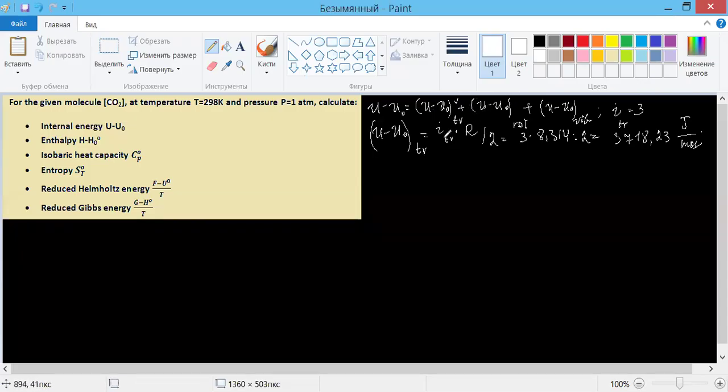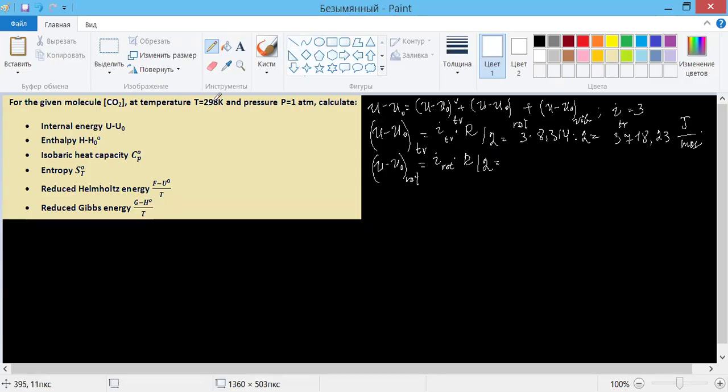Okay, now we are proceeding to the second component, which is related to rotation. So U minus U sub 0 rotary, okay, is equal to, the formula is nearly the same, but the subscript will be different because this time we are dealing with the rotation. For that reason, we are dealing with the rotation movement degree of freedom times R halved. And we should remember from the course of general chemistry that the geometry of this molecule is linear.